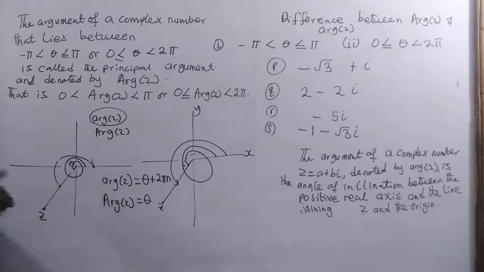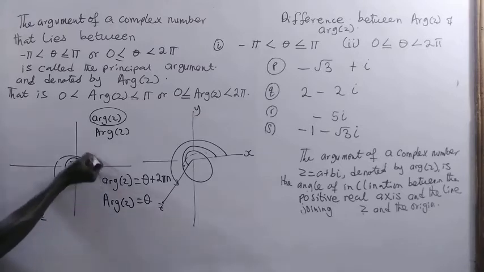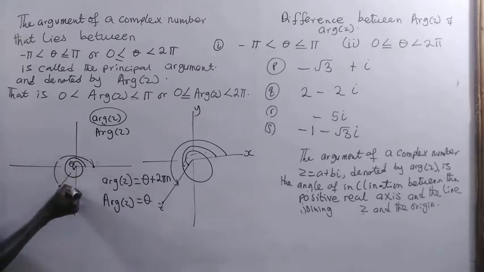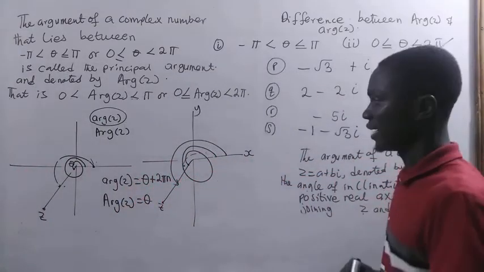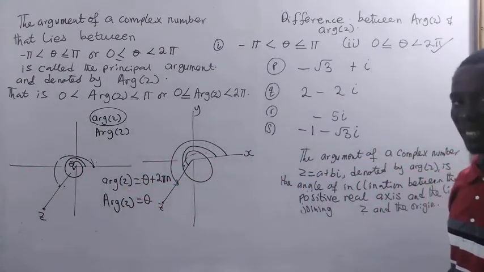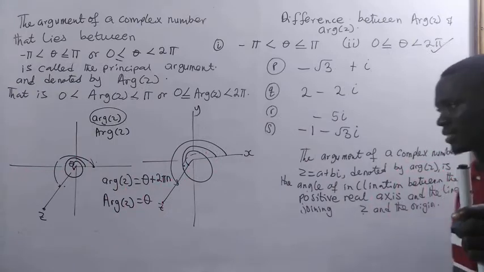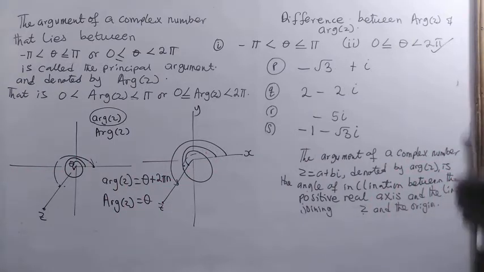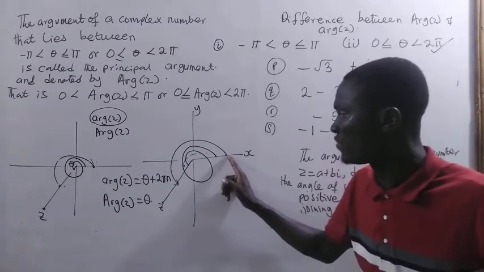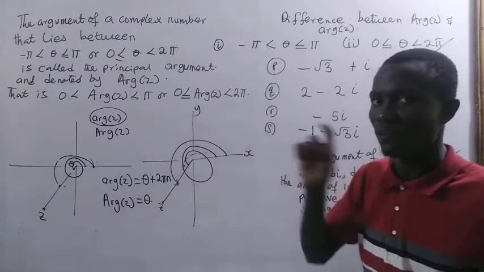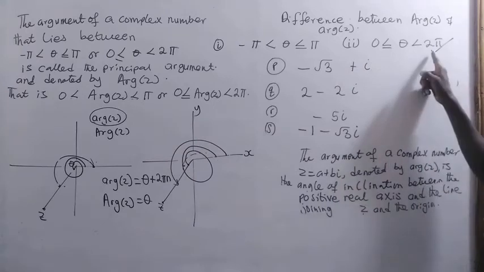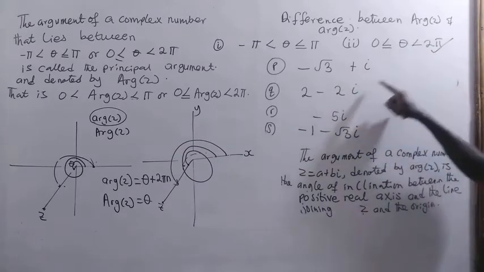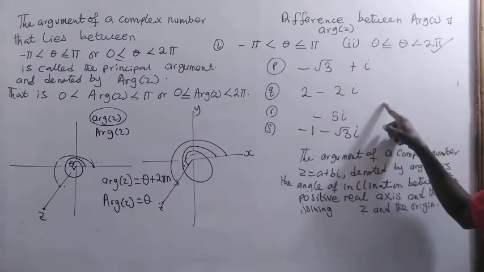But if we measure in the anti-clockwise direction, we are using this interval to find the principal argument. And note this, the argument is always measured from the positive x-axis. But for the principal argument, you either measure in the clockwise direction or in the anti-clockwise direction.